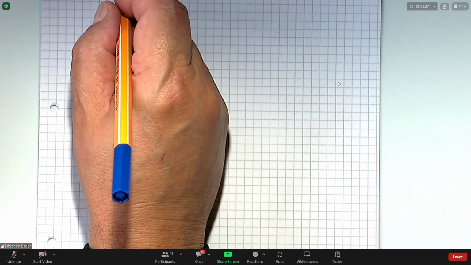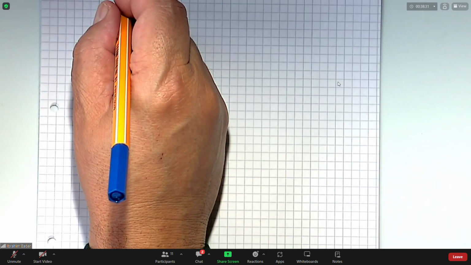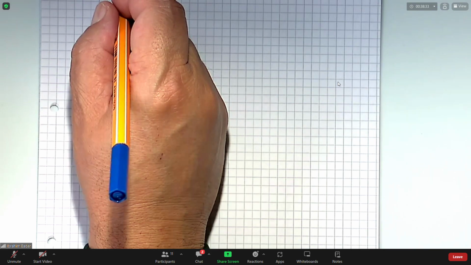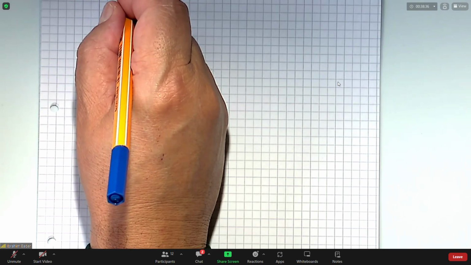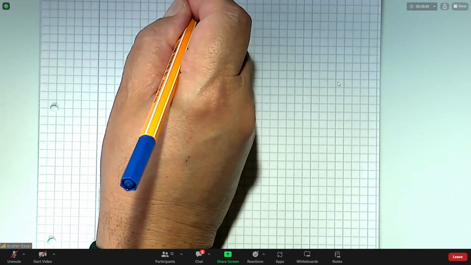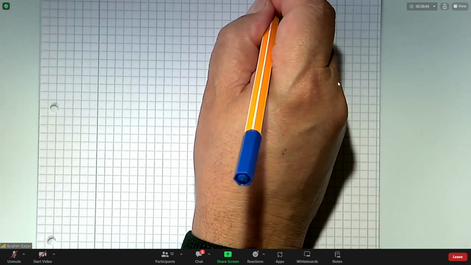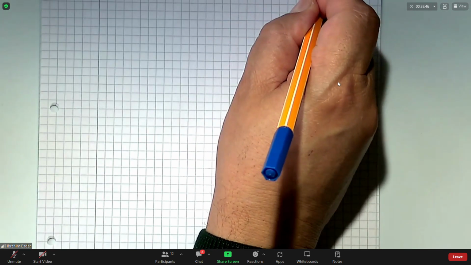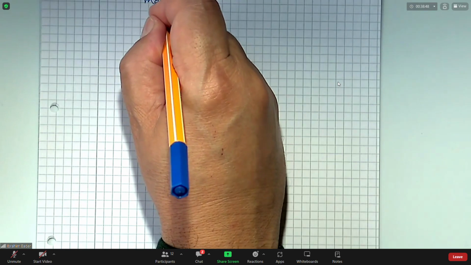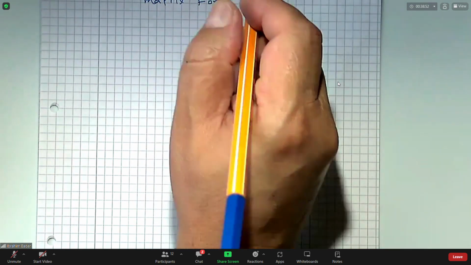But for now, just keep in mind the following: a linear system we can write in a matrix form. Let me give you an example here.